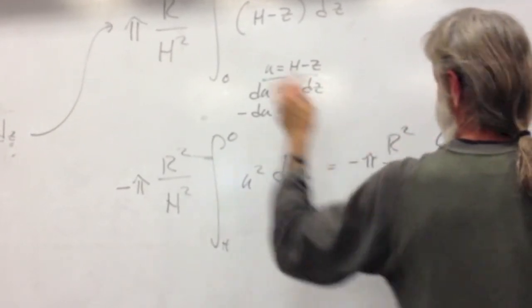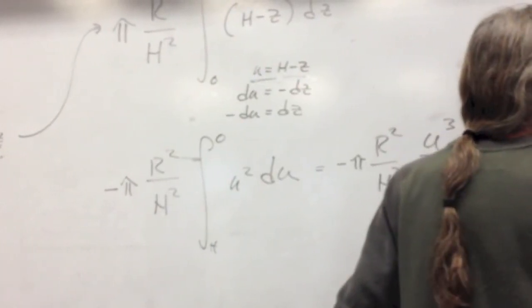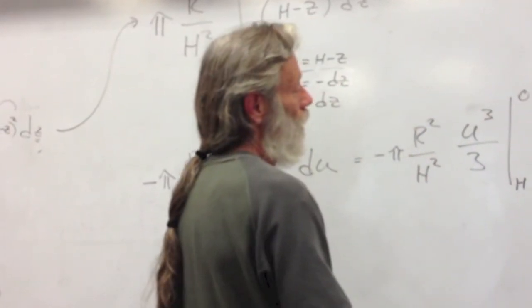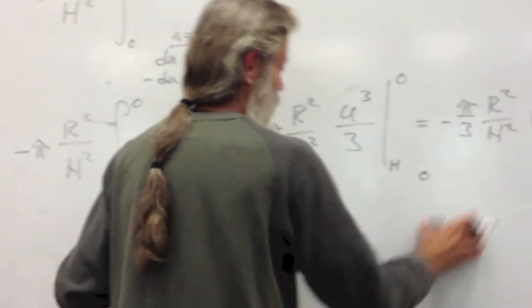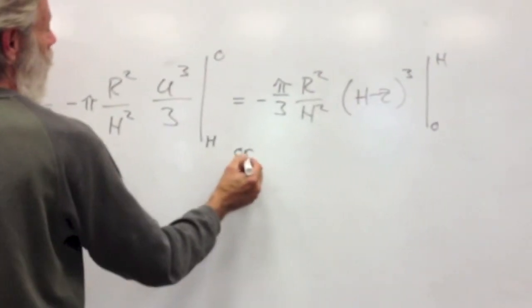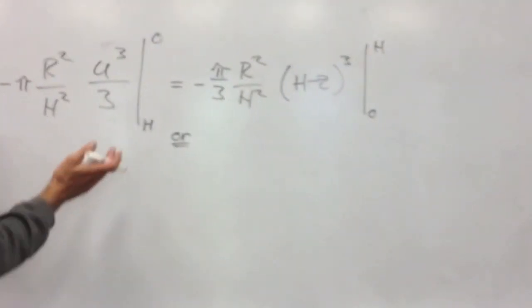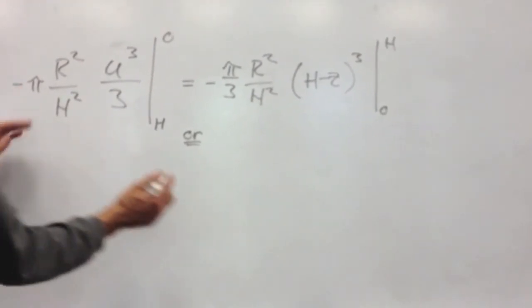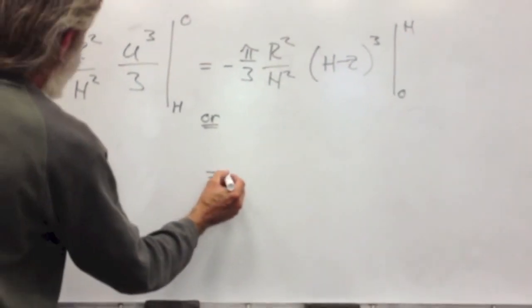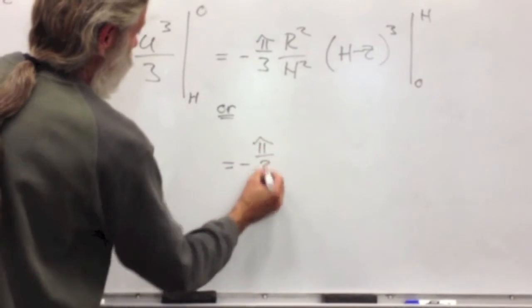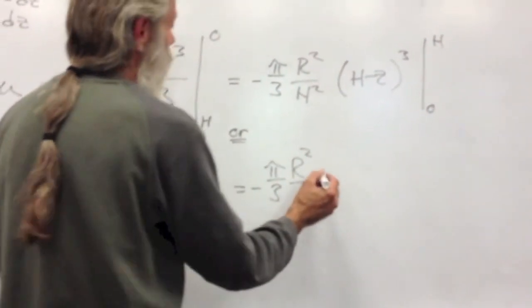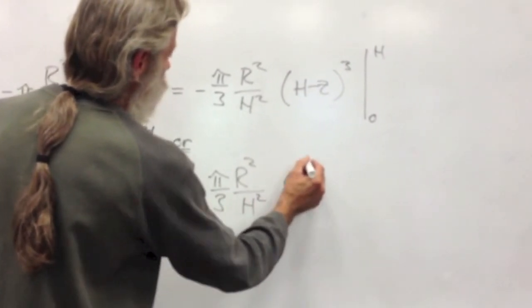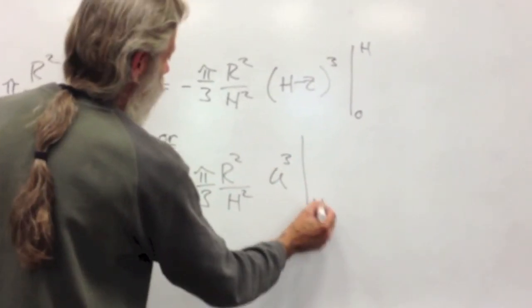Then you'd have to write it in the old evaluation, from 0 to h. Or you'd just leave it this way and say that you have a minus pi over 3 r squared over h squared with u cubed from h to 0.